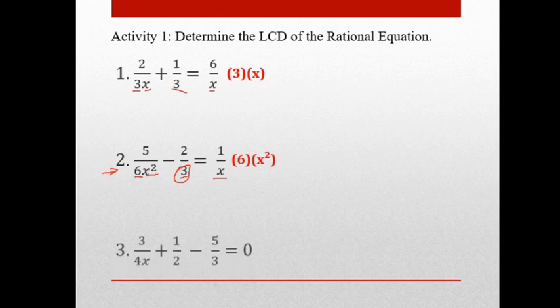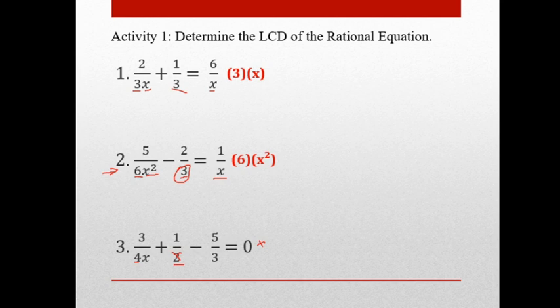Number 3. We have 4x, 2, and 3. So, yung x nandun na. So, alam na natin na isa na yan sa ating LCD. Tapos, tingnan natin yung pinakamalaking number, which is 4. So, si 2 is a factor of 4. Kasi 2 times 2 equals 4. So, ibig sabihin, si 2, hindi na natin isusulat.